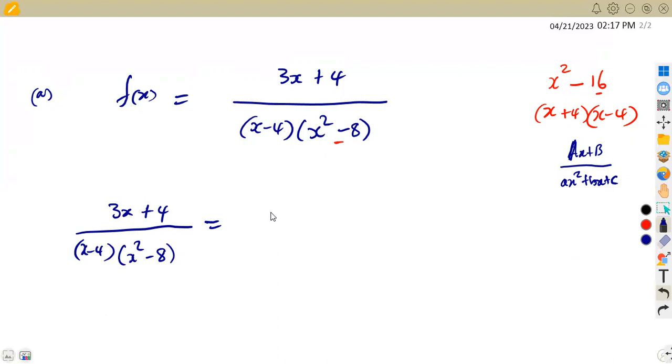So this is going to give us the first part, that's a linear expression, which is just a over x minus 4, plus we separate now the quadratic, the one that I was referring to. Since we have already used a, we are going to start with b on this. So this is going to be bx plus c, like this. So that is how you present your quadratic expression over the ax squared plus bx plus c. It represents that quadratic expression that you're given, which in this case is the x squared minus 8.